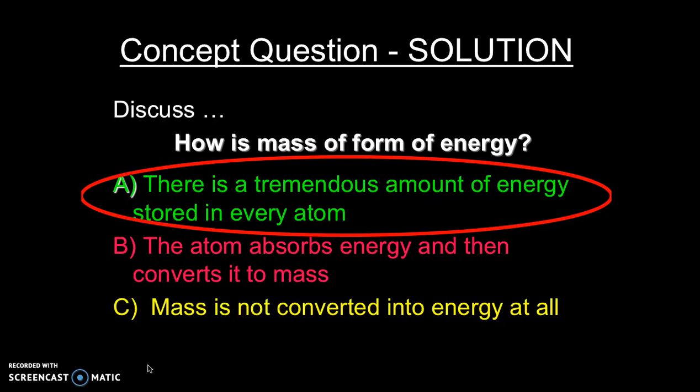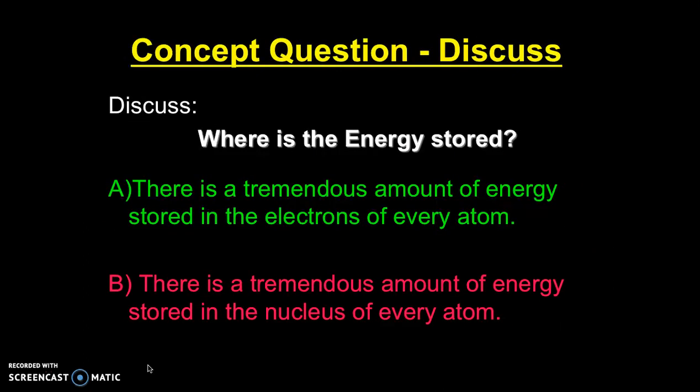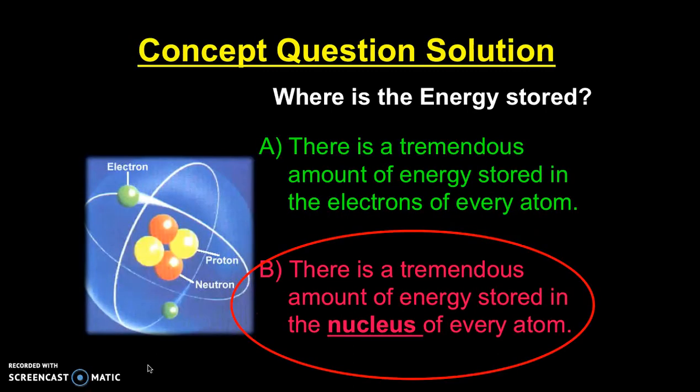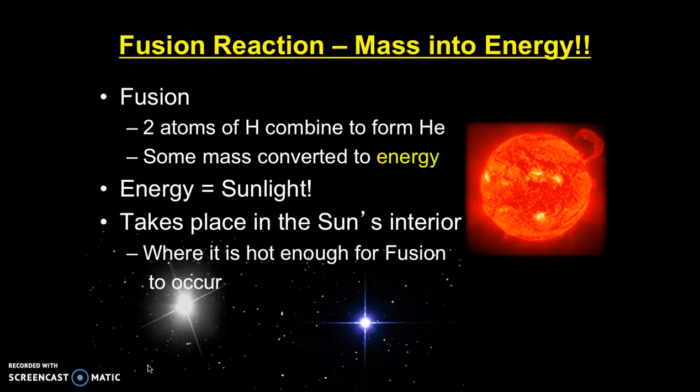Okay, we get energy from mass because there's a tremendous amount of energy stored within every atom. So the question is, where is that energy stored? It's stored in the nucleus. That energy is stored between the bonds of the protons and neutrons, and that's where the reactions are taking place, which then release energy when those nuclei interact with each other.